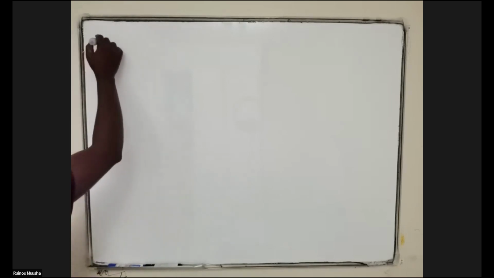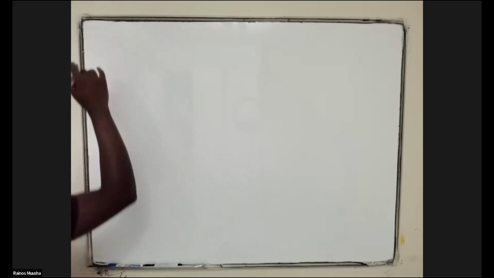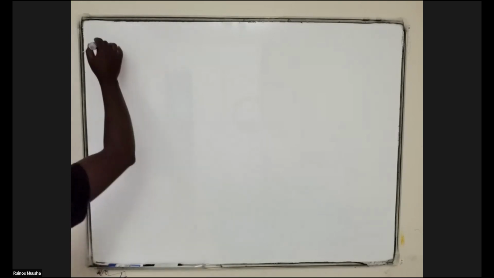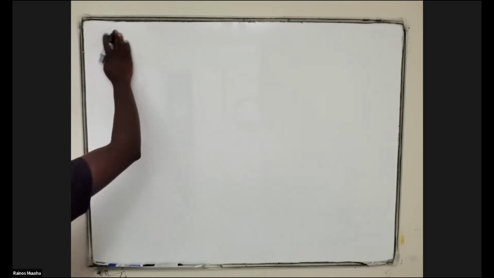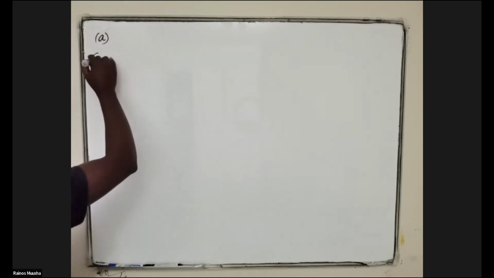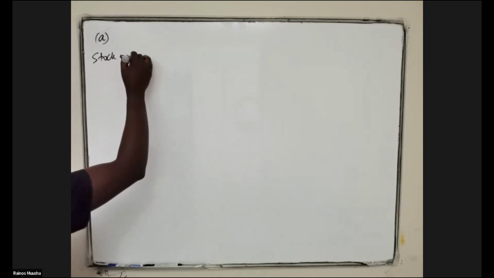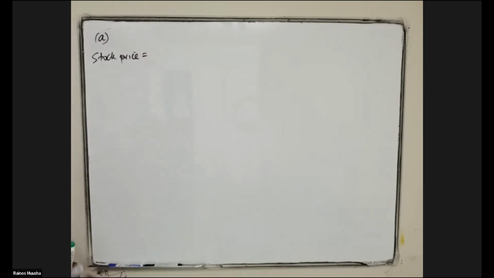For part A of the question, the stock price will have an increase. If we check on the question, they give us that the delta is 0.6.